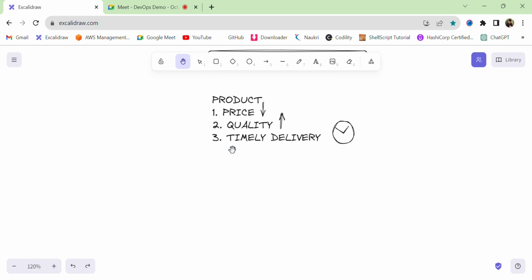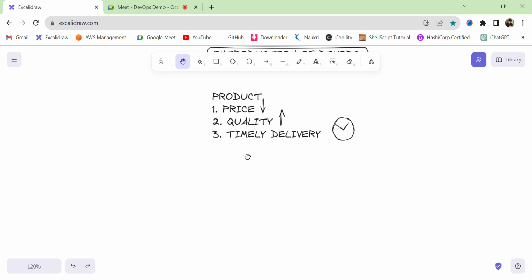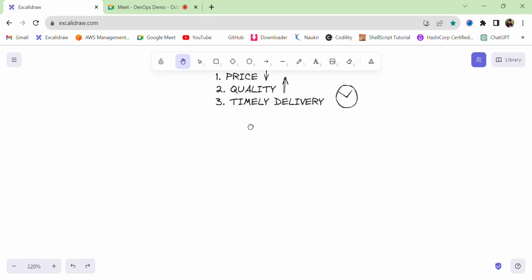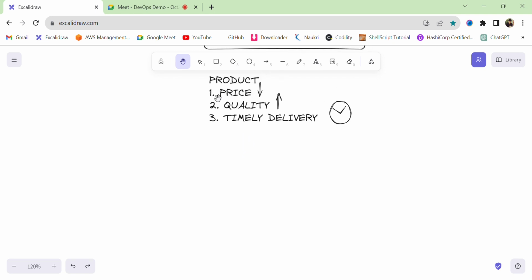So if any organization wants to stand at the number one position, it has to focus on optimizing the cost, enhancing the quality, and delivering on time. These are not only related to a product; they are also an organization's needs.